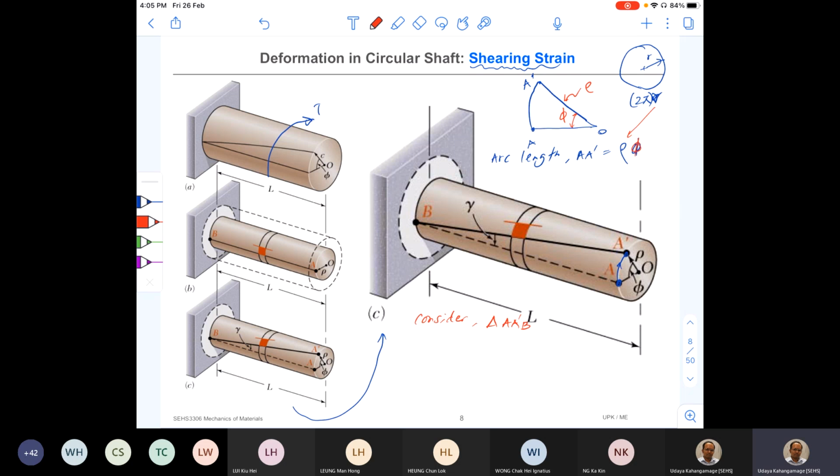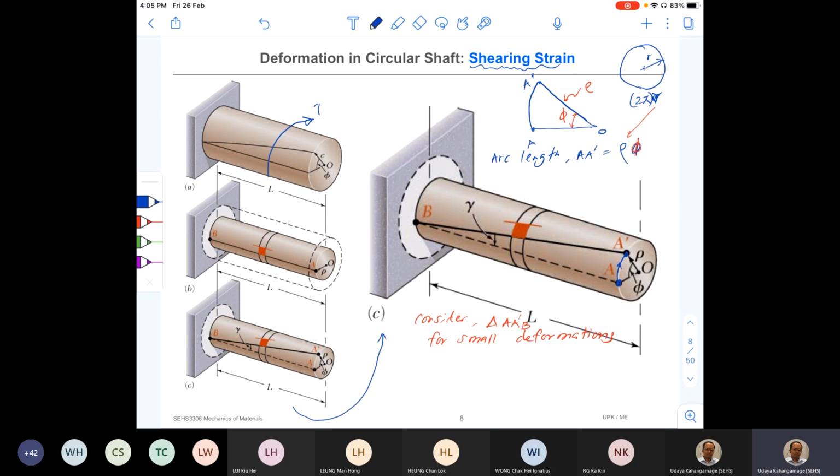For small angles, let's say for small deformations. Now, by looking at that triangle also, can you write an expression for A prime?